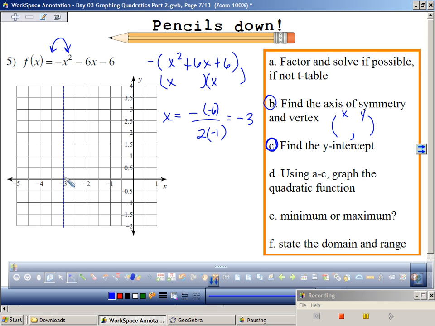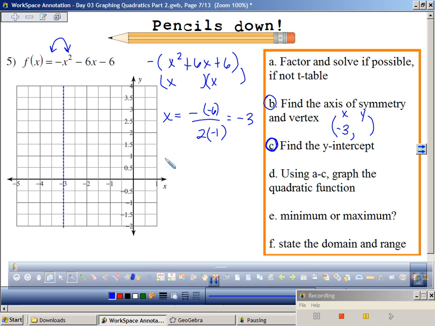Plug it in, right? If I want to know my y, I already know my x. My x is -3. And I also know, what else do I know? This answer to y is not going to be what? It's not going to touch the x-axis, therefore it can't be positive. It's got to be negative, right? It's got to be down here.